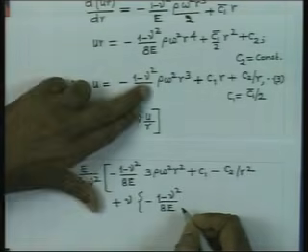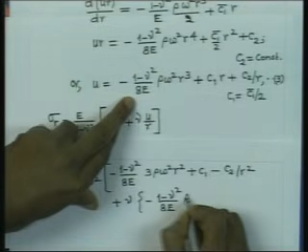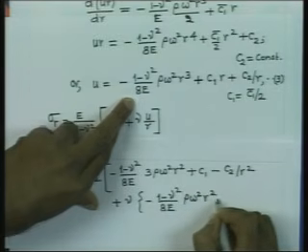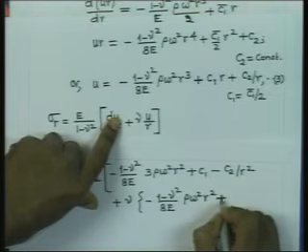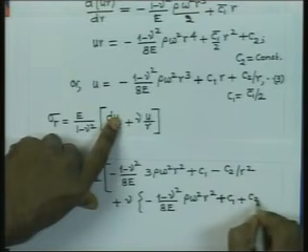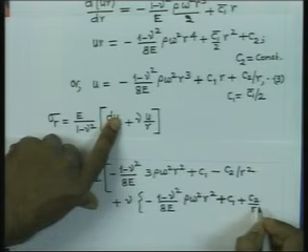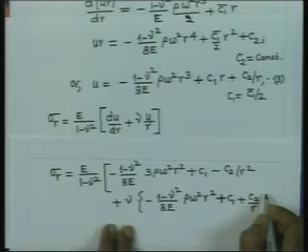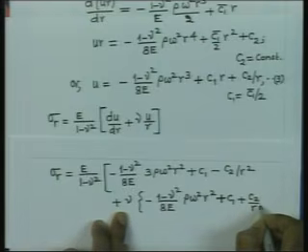So, u by r, if we do that subdivision, it gives us rho omega square r square plus C1 plus C2 by r square.